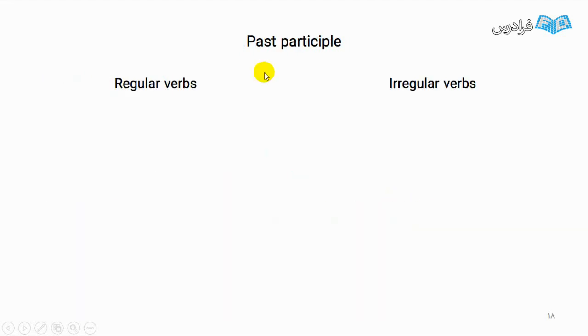Now let's check. What is the past participle form of the verb? We have two kinds of verbs, regular verbs and irregular verbs. For example, verbs like wash. What is the past form of wash? Because this is regular, it is enough to add ed at the end.